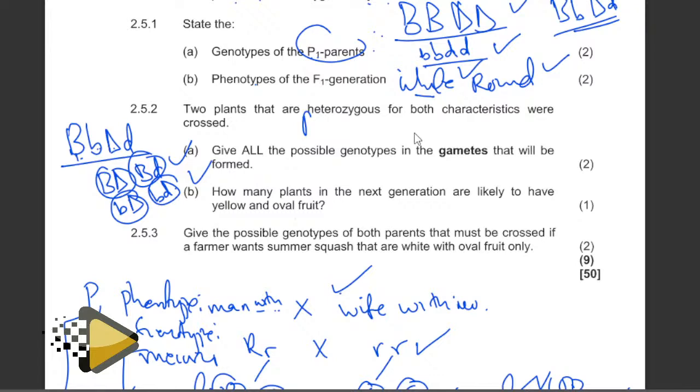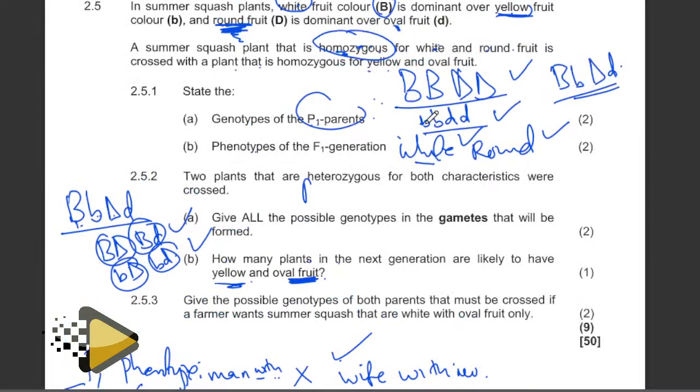All right, how many plants in the next generation are likely to have yellow and oval fruit? Yellow and oval. So we come back here and look for yellow.